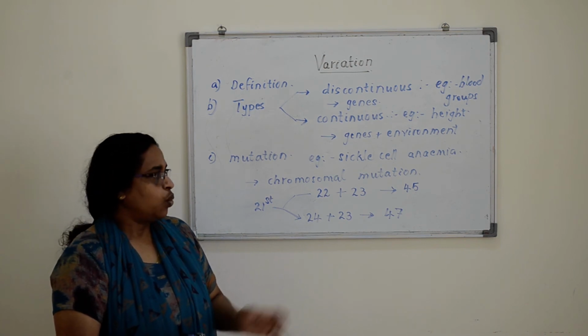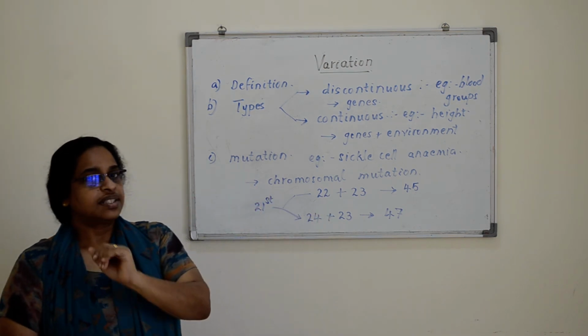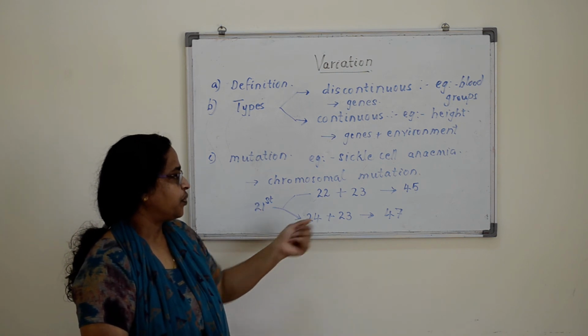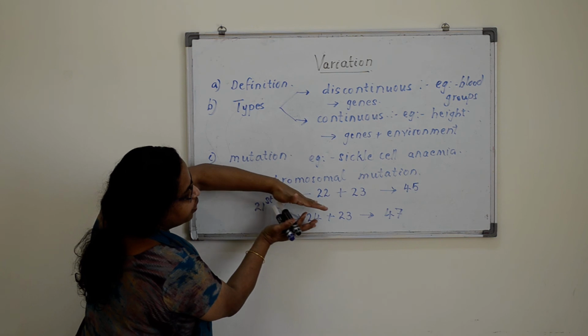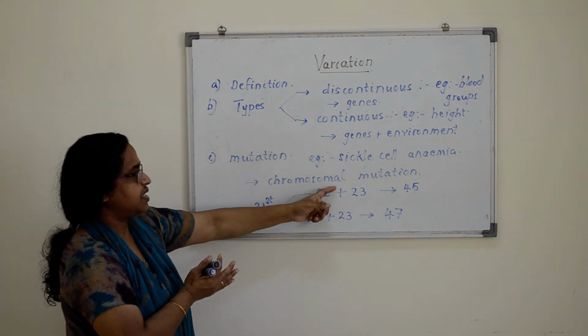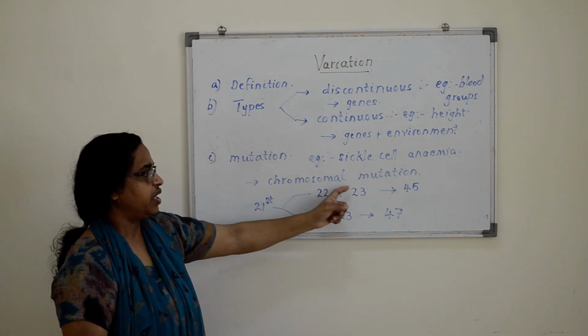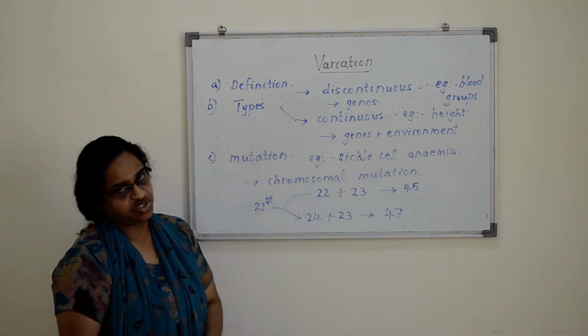Children with 47 chromosomes in all cells, we can say it as Down syndrome. Here a whole chromosome is going to one cell, and such a mutation we call chromosomal mutation.